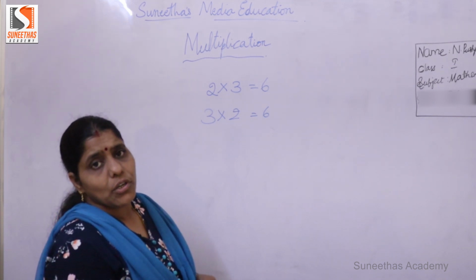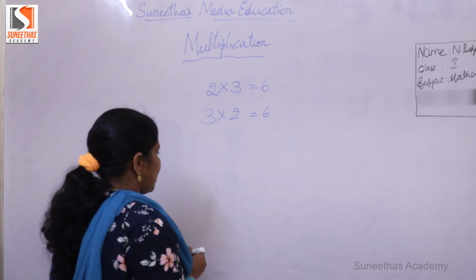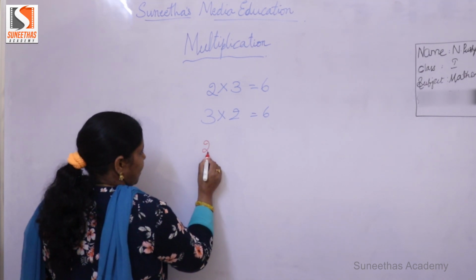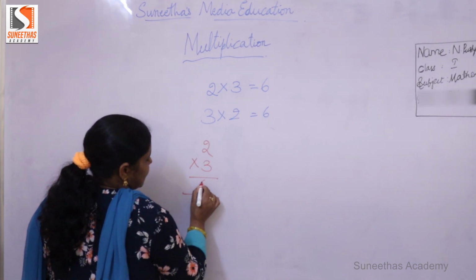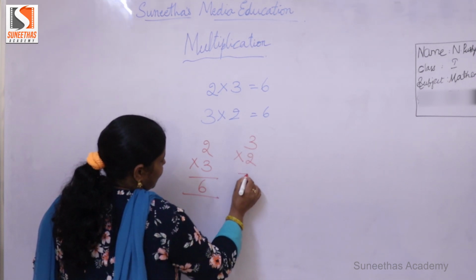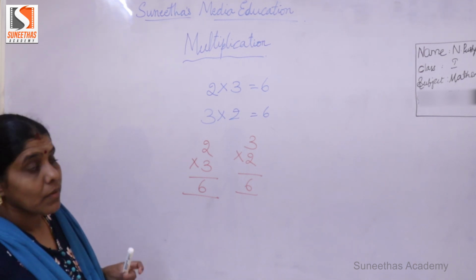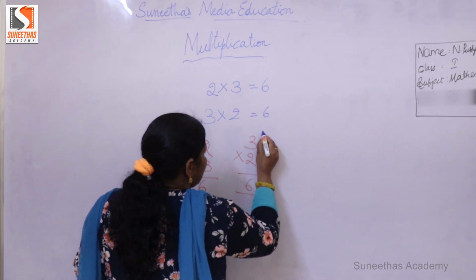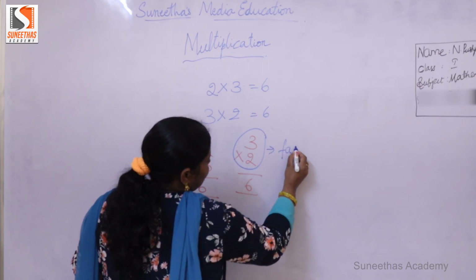Here, what will we call these? The factors. The symbol and the answer 6. This is called the factors.